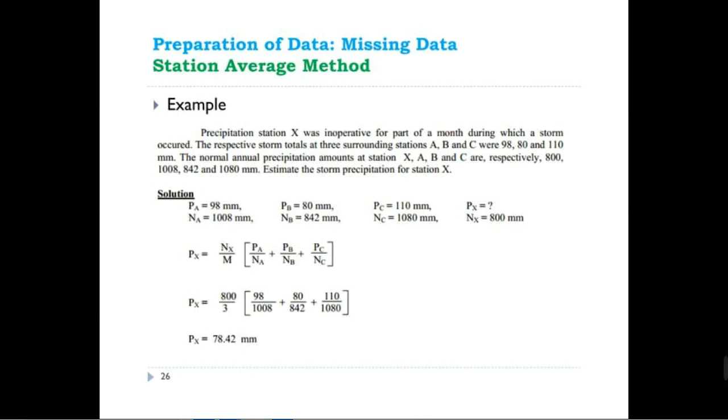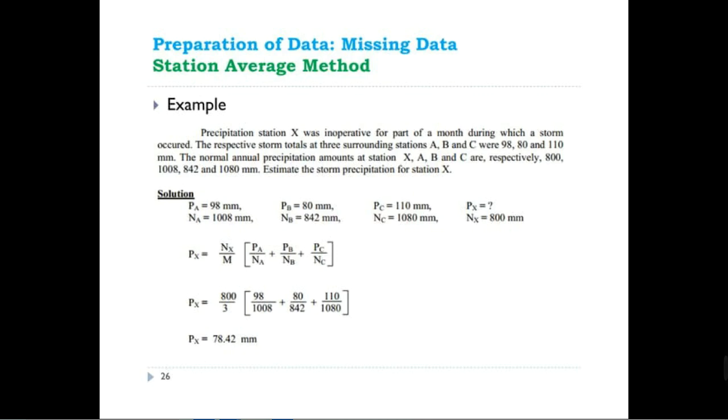So first of all you have to understand the meaning of storm precipitation and annual precipitation. They are given some data. Firstly, they give storm data 98 millimeter and PC is equal to 110, and PX.